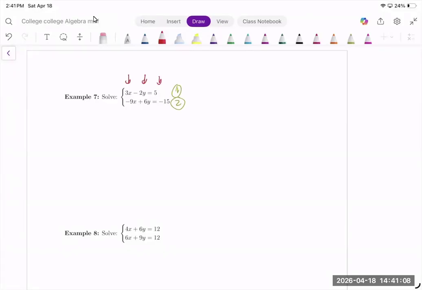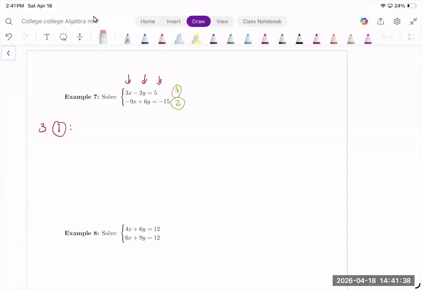With equation 1, the signs change. With 2, let's just multiply equation 1 through by a 3 so that the y's will cancel out, because negative 6y plus positive 6y will zero out, but watch what happens. You probably can see it already.